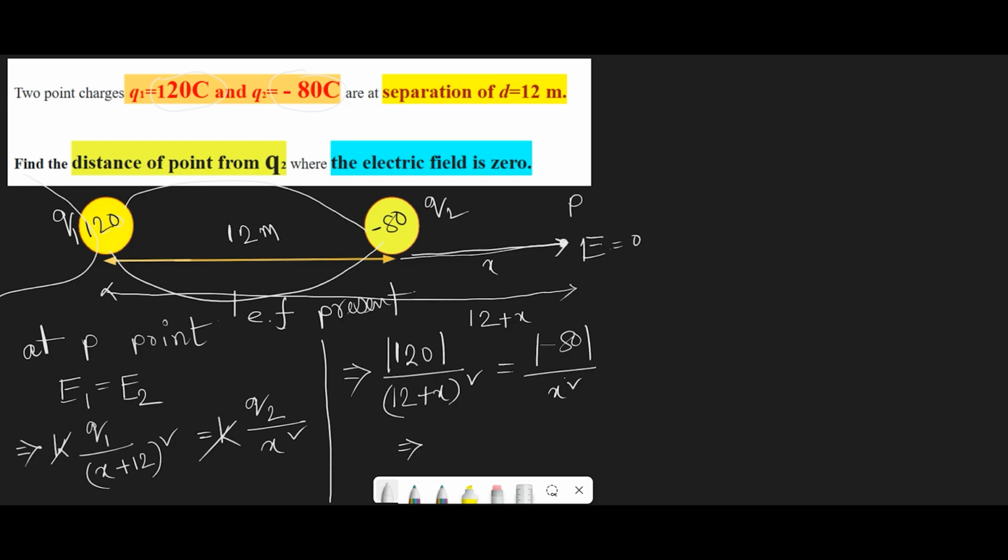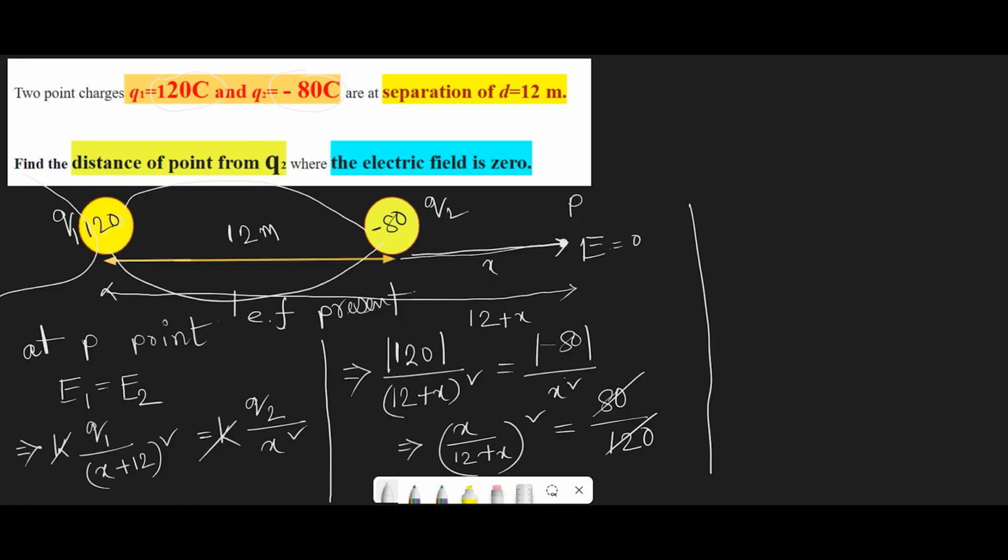Now we could write down X over 12 plus X whole square equals 80 over 120.